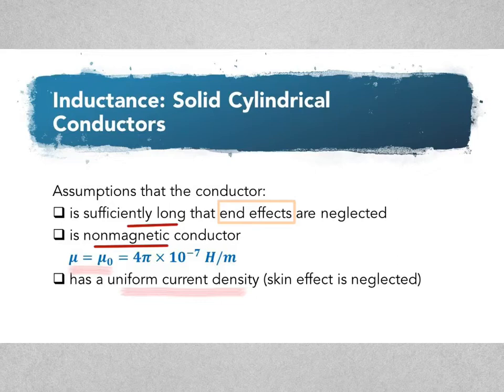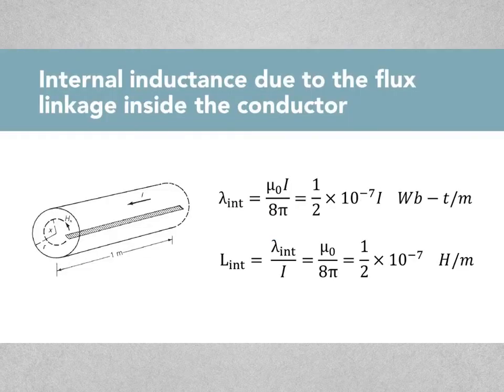Now moving on, the internal inductance, that is due to the flux linkage inside the dashed contour here, is given by 1/2 times 10 to the negative 7 Henry per meter.